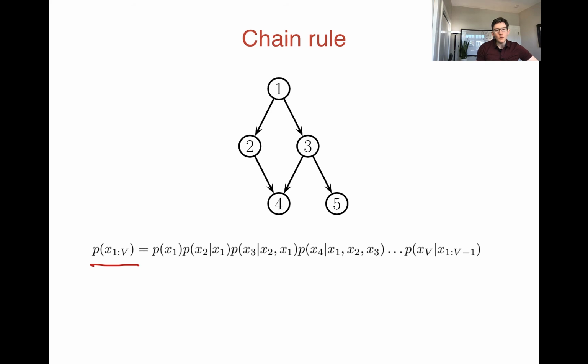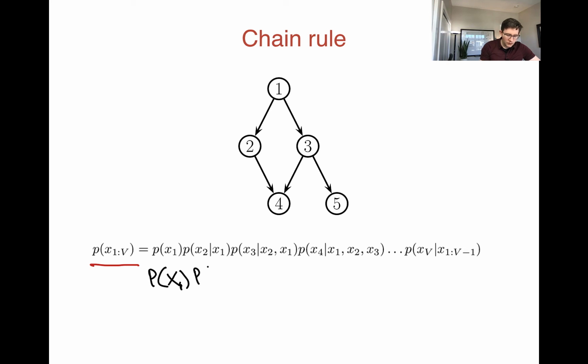To figure out what that equals, we're going to apply the chain rule. So recall that when we apply the chain rule, we pick one variable, let's say we pick x1. I've written this joint distribution as x1 to xV, that is all the variables 1 up to big V, which is the number of random variables, in this case 5.